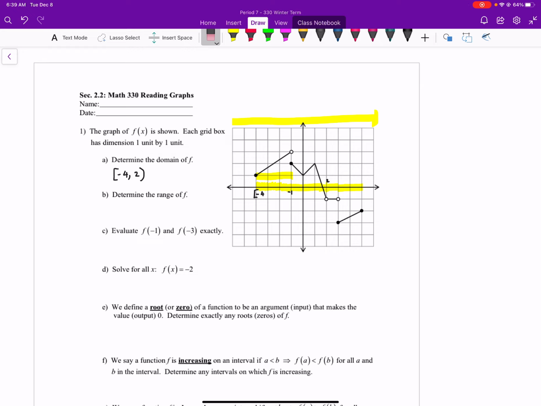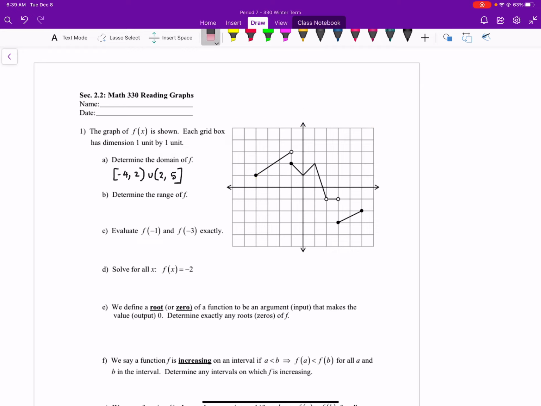So I'm going to have this as my domain, union 2 all the way to 5, bracket closed. Scanning from left to right, make sure you're capturing all the possible x values that this graph has. If you have an open circle and above it you have a closed circle, the closed circle always overrides the open circle, so that the x value exists in that domain. All right, now let's look at the next one.